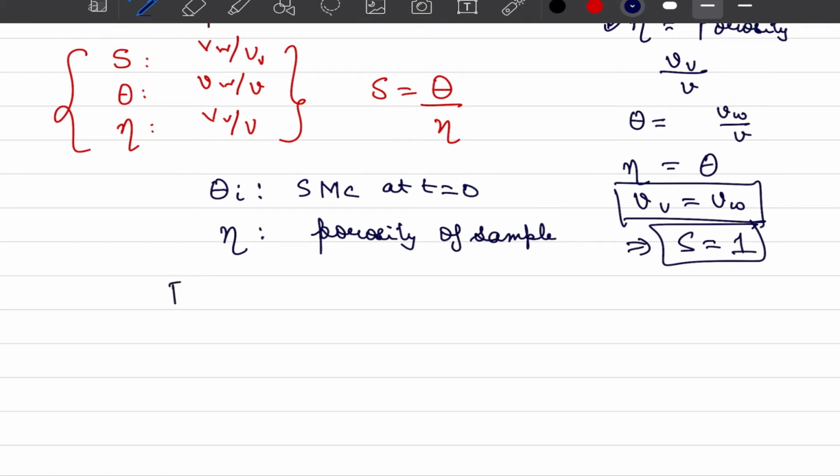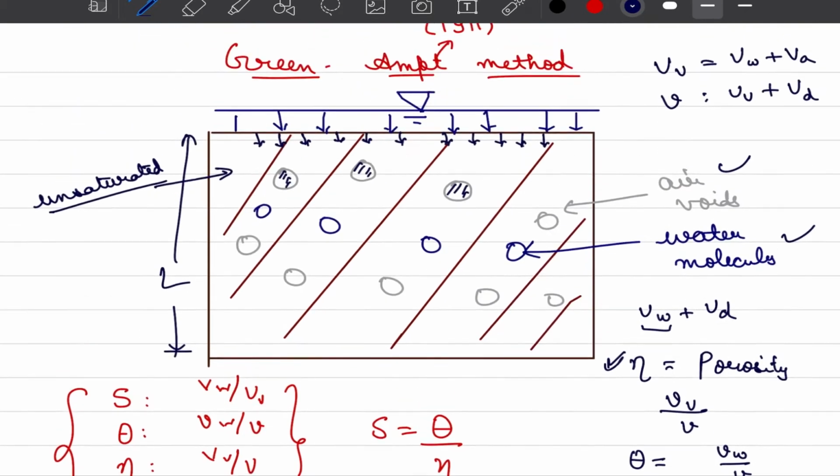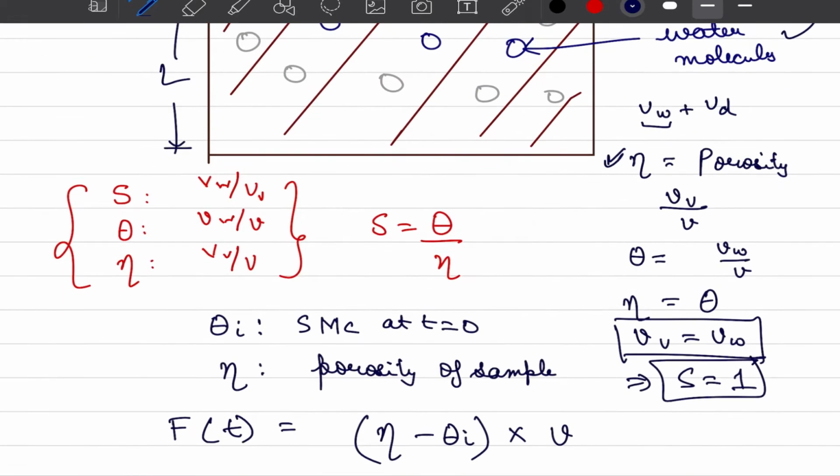So the total amount of water that will infiltrate in time t should be equal to eta minus theta I multiplied by total volume of the soil sample, which should be equal to eta minus theta I multiplied by area into length, and this is the length up to which saturation has happened.